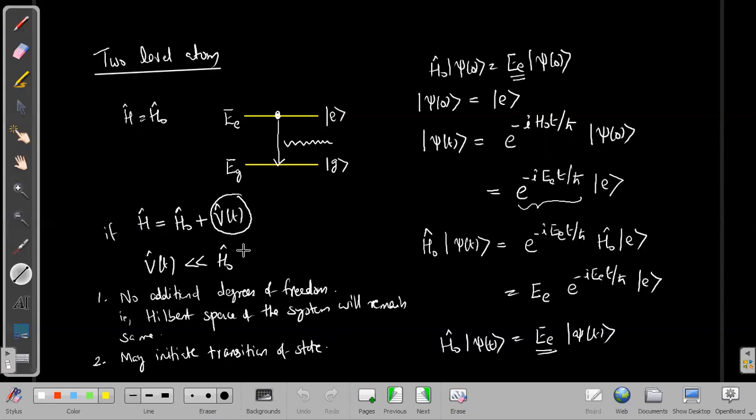All possible energy states would be eigenstates of h0, and the only thing that happens by the presence of v of t is that the system can undergo a transition from one state to another. If such a perturbation is not present, the system will remain in the initial state. There will not be much time evolution for the system if there is no perturbation, and we illustrated this using one example, the two-level atom.